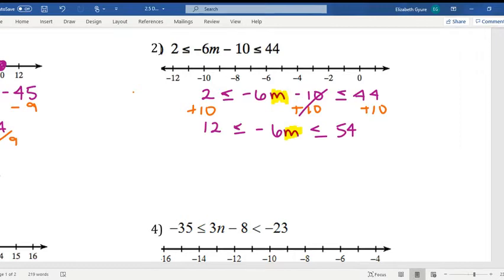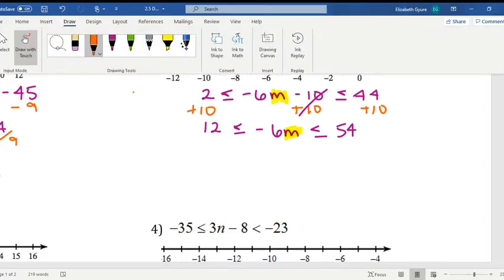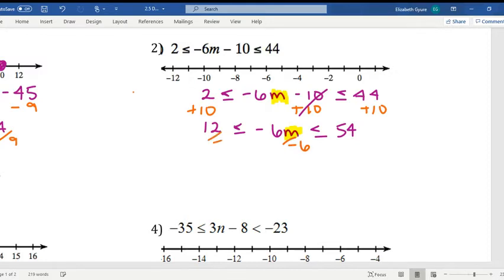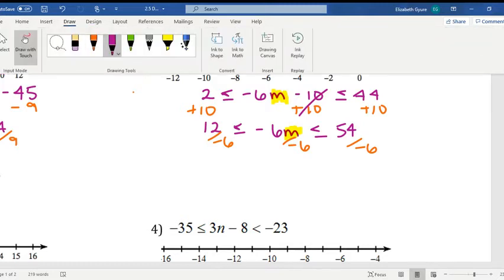How would you get rid of negative 6 times m? Divide by negative 6. All right, divide by negative 6. Interesting, we're dividing by a negative. Can someone remind me the special fancy thing that happens when we divide by negatives? Yep, the sign is going to change. You're going to flip it. So first, 12 divided by negative 6. Remember, a positive divided by a negative is a negative.